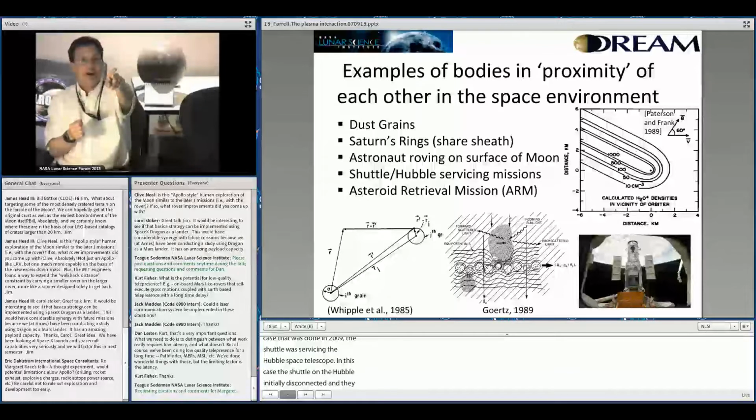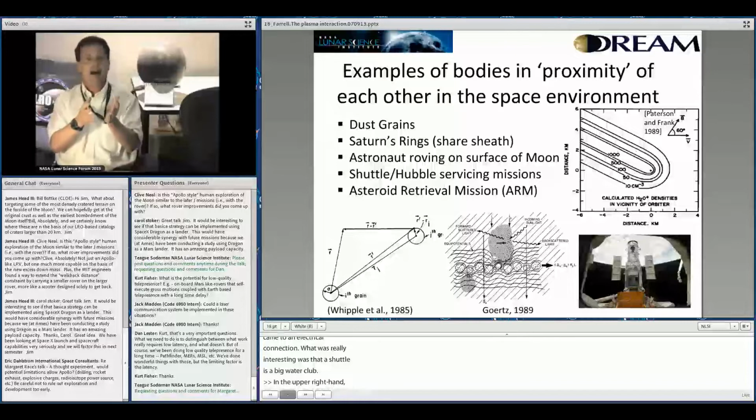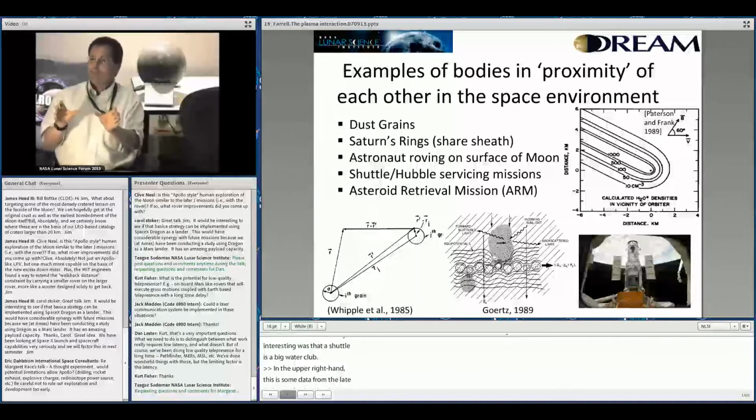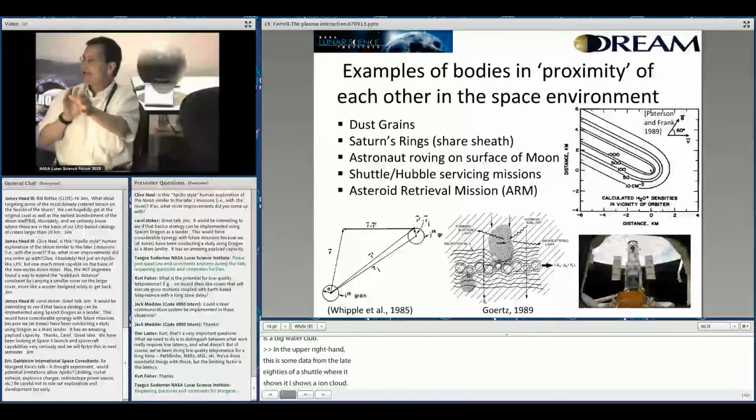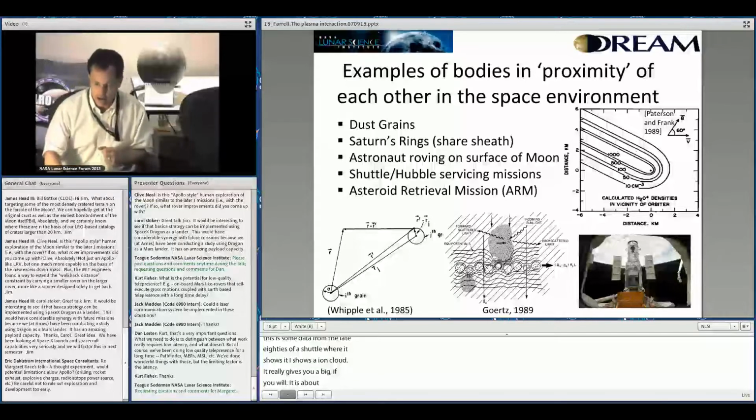If you look at that figure there at the upper right hand, this is from data from the late 80s about the shuttle, where it only shows the shuttle ion cloud. It's really just a big comet, if you will. And now it's not really 2 bodies interacting, it's a body interacting with a big gas cloud. In fact, human systems are really very gaseous. And so it's really gas and these new photoions associated with the gas that make the electrical connection.